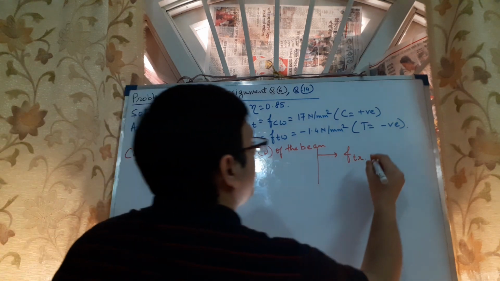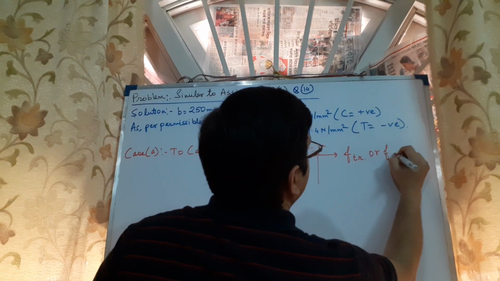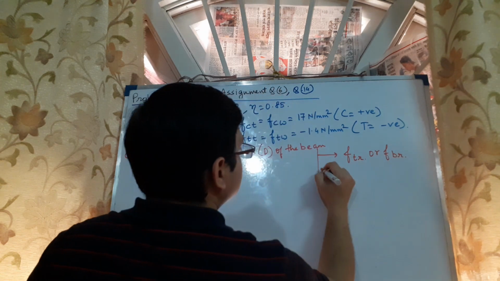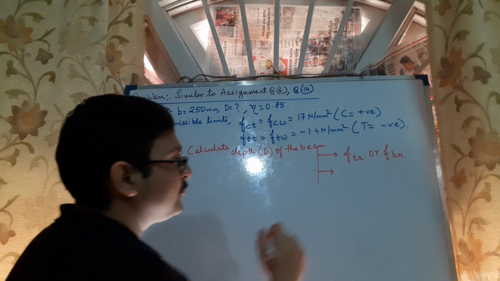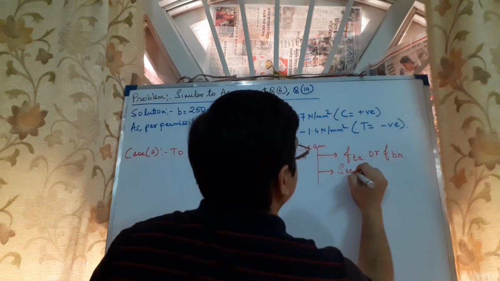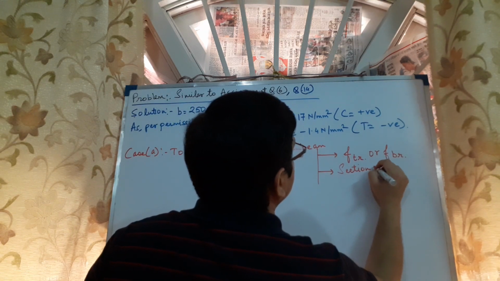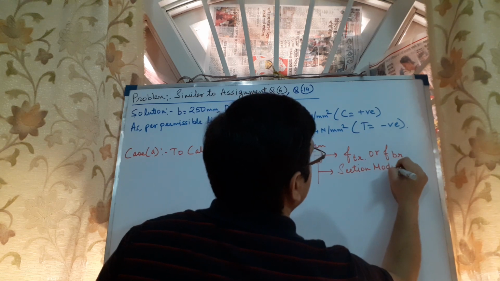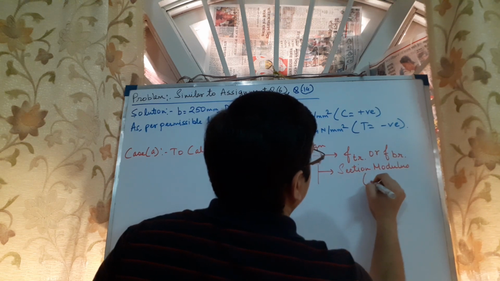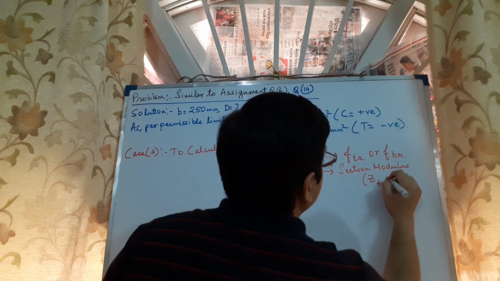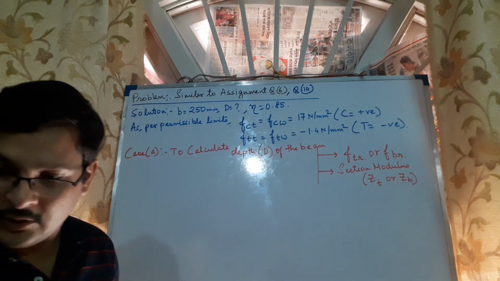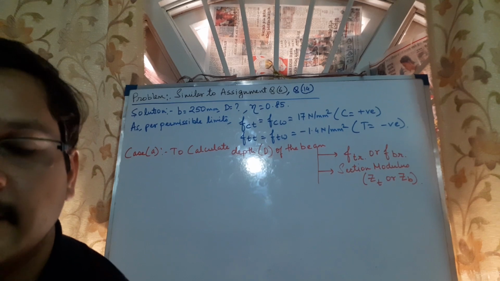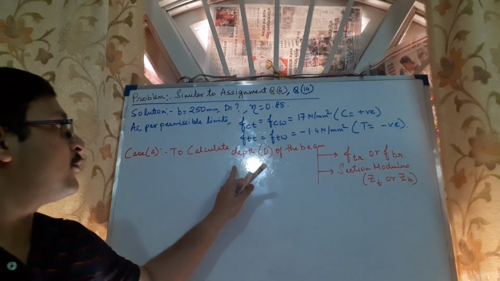Or we can calculate the stresses FBR first, and then we have to use the concept or the formula for section modulus, ZT or ZB. So we have to calculate the depth of the beam.